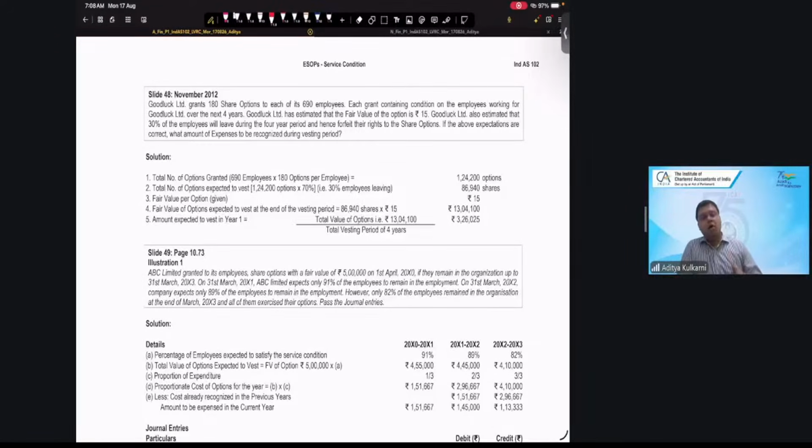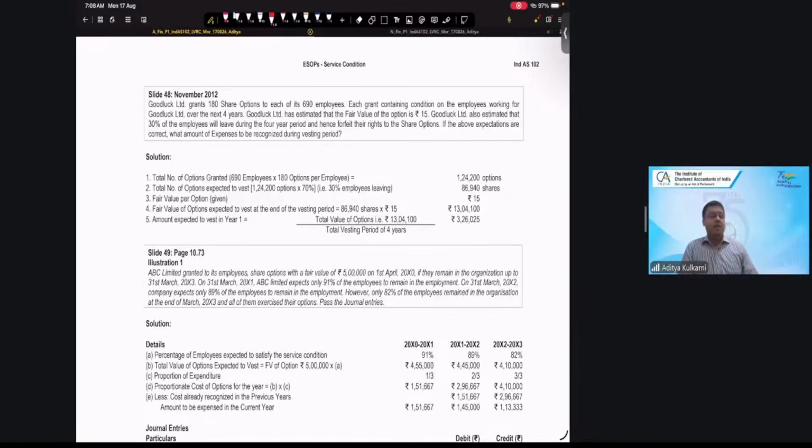So once the options vest, once the employee becomes entitled to the options, he will continue to remain entitled even if he leaves the organization during the exercise period.